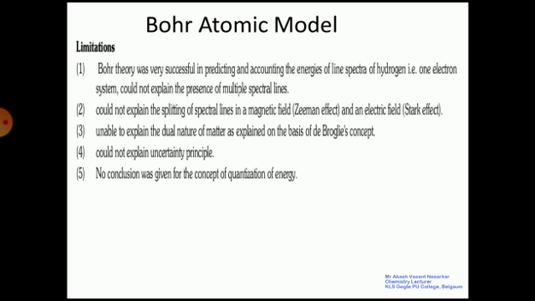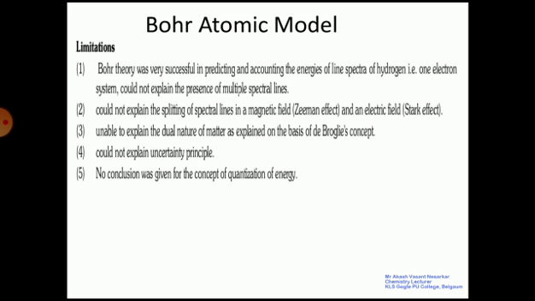Means the Bohr theory is applicable to those atoms which contain only one electron, for example, hydrogen, He+, etc. And if the atom is having more than one electron, then it could not be explained by the Bohr theory. So Bohr theory is applicable to only one electron system.